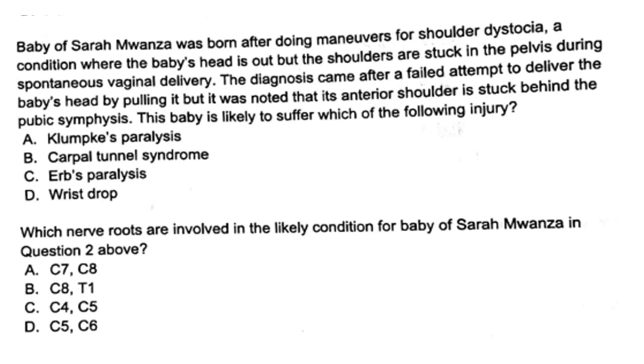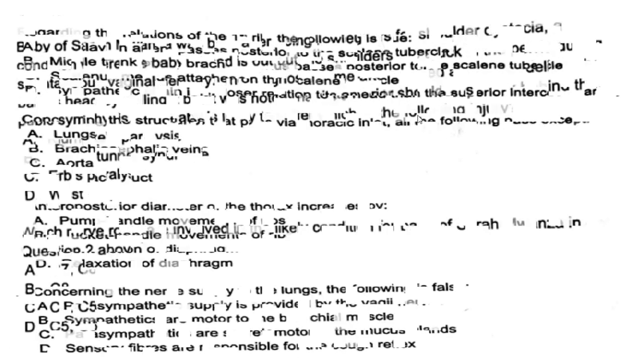If you look at the injury which has been explained, one of the important points stated is that the anterior side of the shoulder has been affected. During delivery, there are many types of injuries that can take place as you deliver the baby from the mother, and one of them is injury to the brachial plexus. So, as you have noted, we have been told there is an injury in the anterior shoulder.